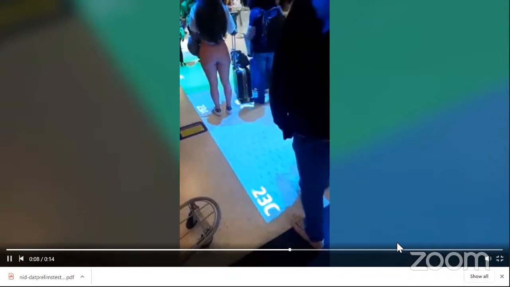You see that projection on the floor, which shows the seat number, and the passengers are following that number and that particular grid, right? That way they know exactly when to move, how far to move, and how much distance they have to maintain from the people forward and backward.